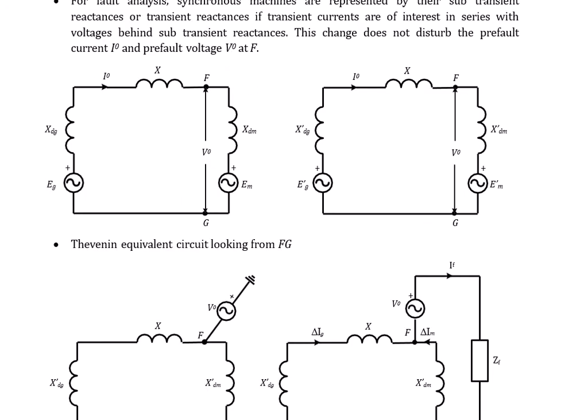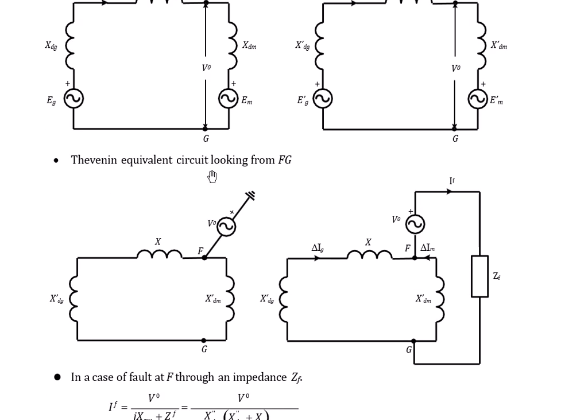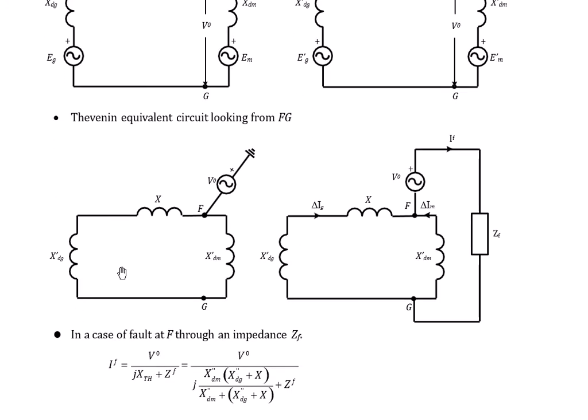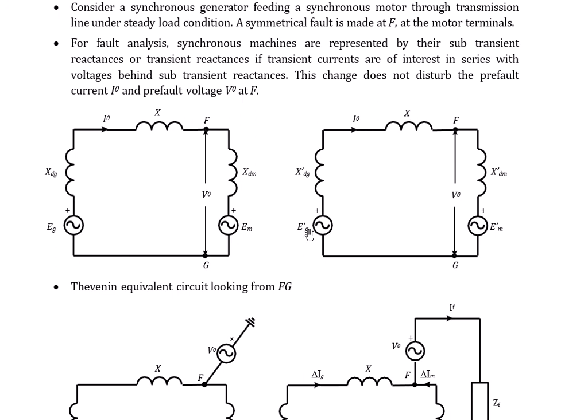Then we use the Thevenin's equivalent circuit looking from F to G. We take this circuit out and try to make the Thevenin's equivalent network. We replace the source by a short circuit because we want the circuit impedance.